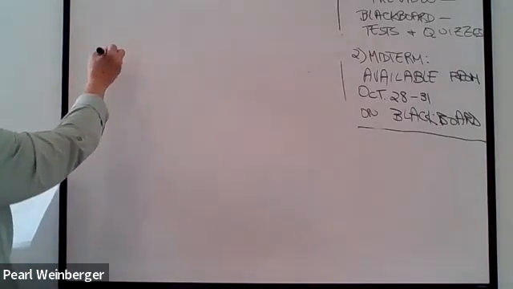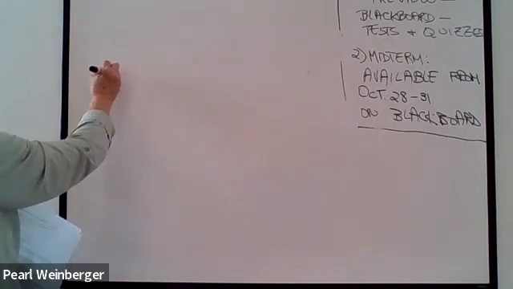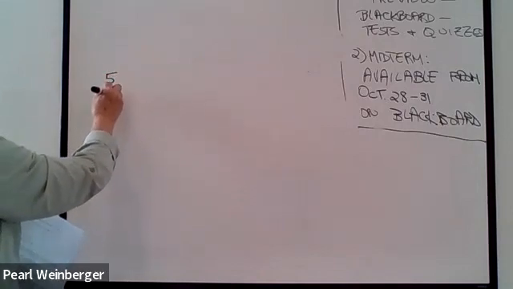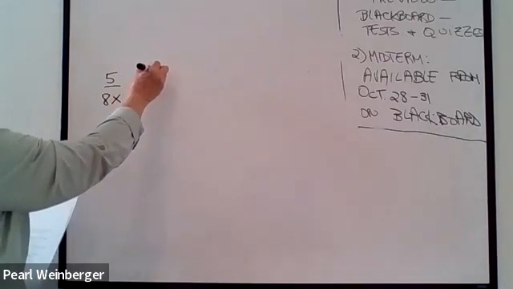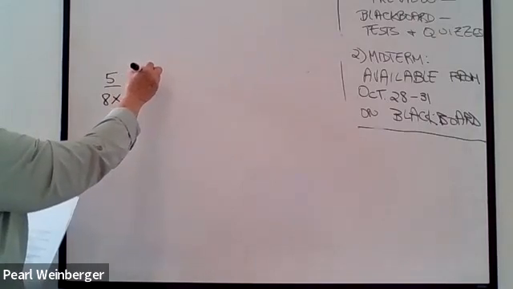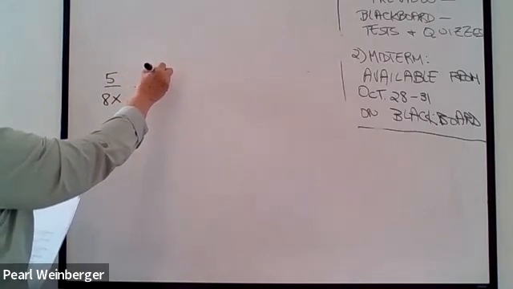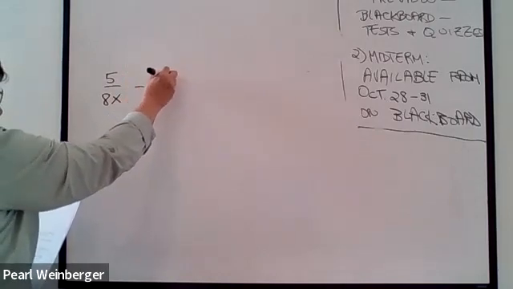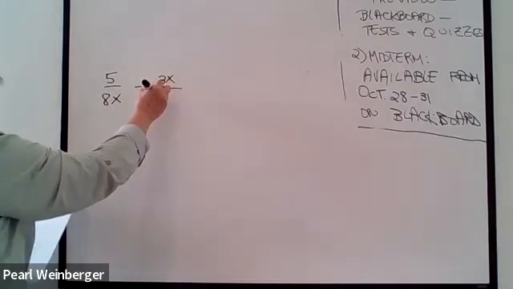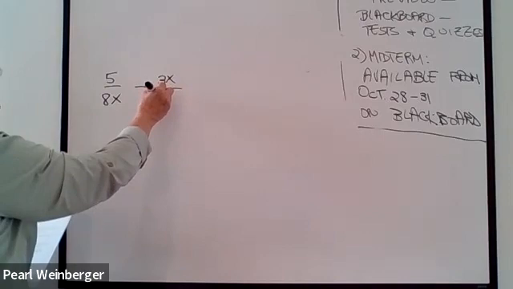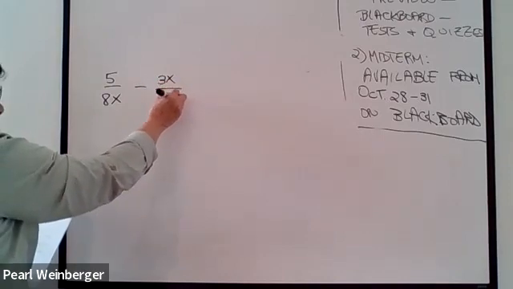So let's see, I have 5/8x minus 3x over 6x.